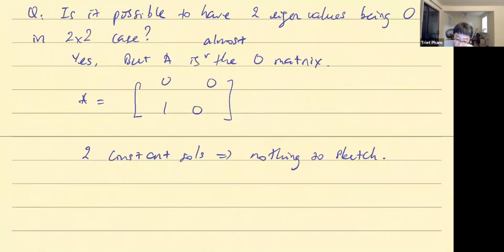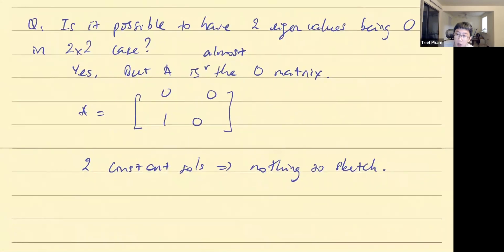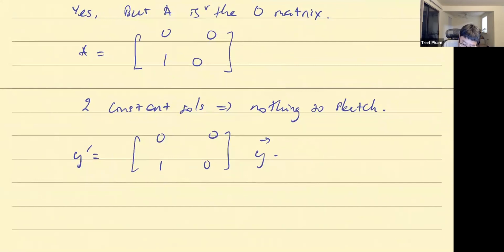So here, oh, hold on. No, you're right. I shouldn't say that. Let me see, hold on. So for example, let's take a look at this. Is it two constant solutions or one of them is t? Let me see. So let's say y prime is equal to the matrix 0, 0, 1, 0 times y. So what does this mean? That means that y1 is c1, and you got y2 prime is equal to c1.